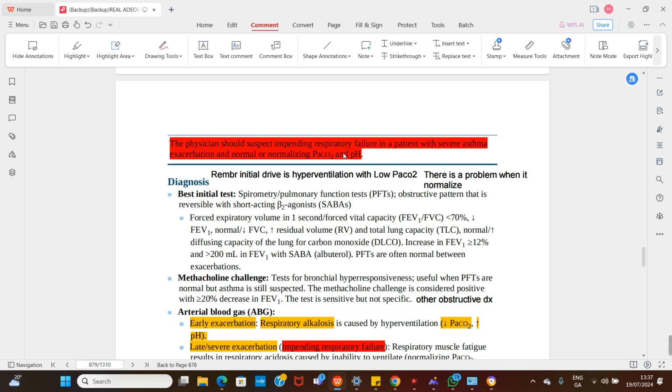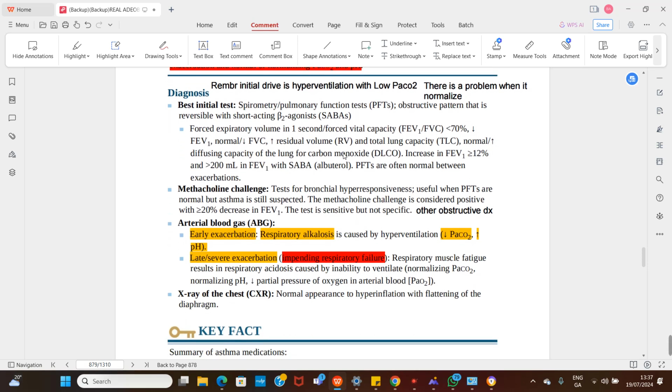But when you suddenly notice that the PCO2 is normalizing or increasing, you know that the respiratory muscles are becoming fatigued and there's impending respiratory failure. So you keep your eye on the PaCO2. If it's increasing or normalizing, you know this individual is no longer hyperventilating, it's tilting towards a severe form of asthma, and you might need to promptly intubate that patient.